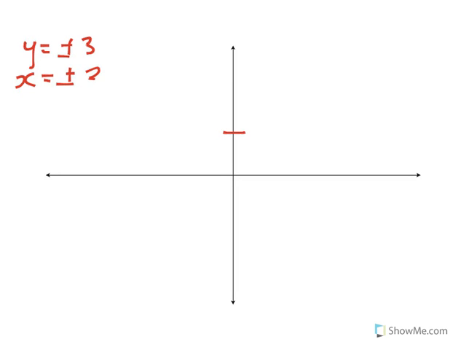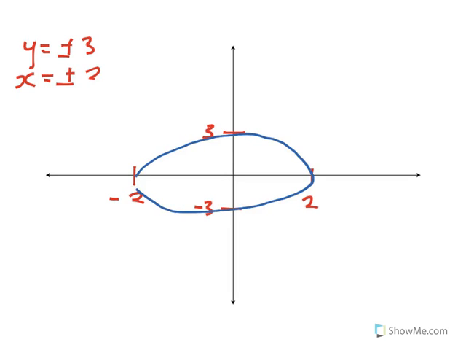So I will have a y here. Remember, this is a sketch. It's not drawn to scale. This is minus 3. And then my scale for x will be minus 2 there, similar on the side as 2. If I'm drawing my line, it's an ellipse. There we go.